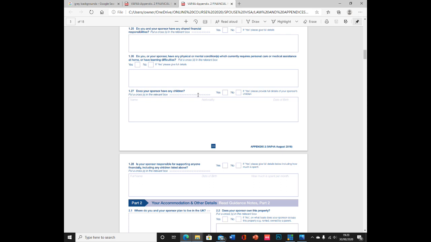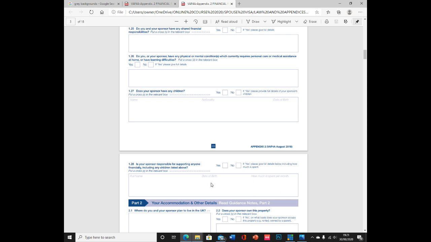Does your sponsor have any children? Tell them about your children or about the sponsor's children. Is your sponsor responsible for supporting anyone financially? Yes, obviously, if they are your sponsor, I mean British spouse, and they are responsible for supporting anyone else, you need to mention their full name, date of birth, and how much is spent per month.